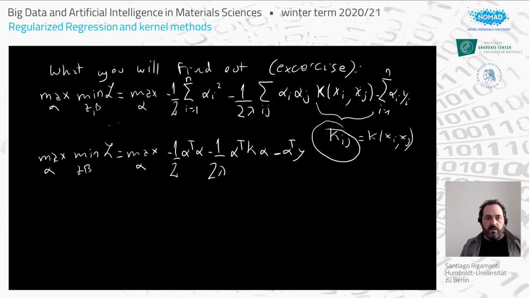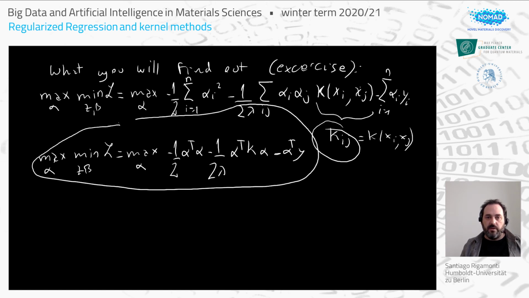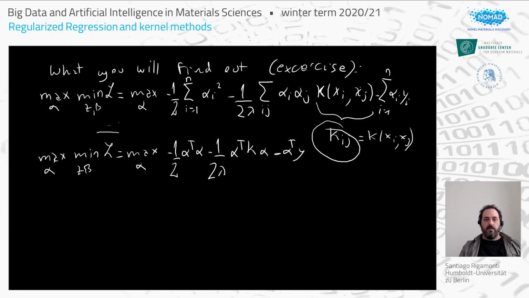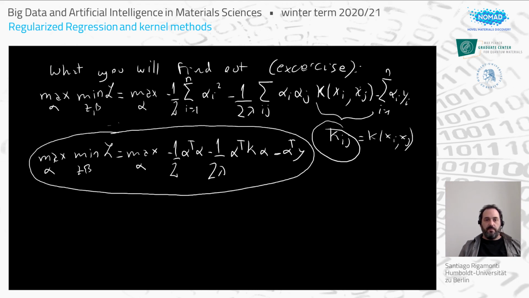So this is quite a nice expression that we arrive at after having solved the dual problem.